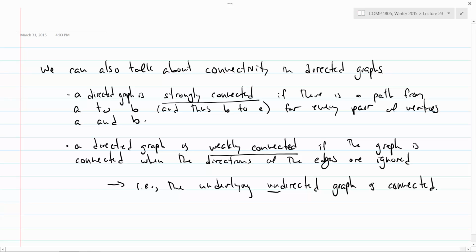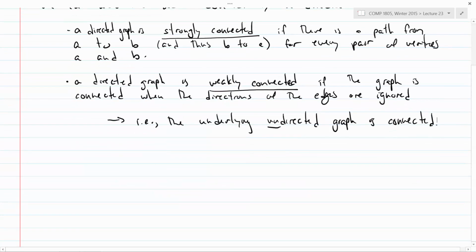Okay, so when you want to figure out, is a directed graph connected? Well, first you need to decide, are you talking strongly connected or weakly connected? It's easy to check if it's weakly connected. It's sometimes a bit more work to check if it's strongly connected. So I'll do an example here. Let's say we have a graph that looks like this.